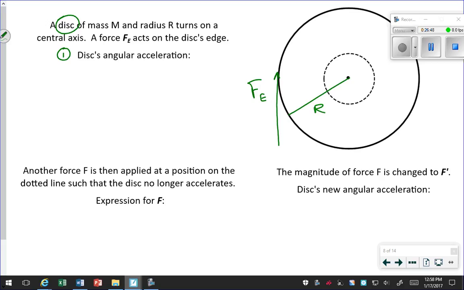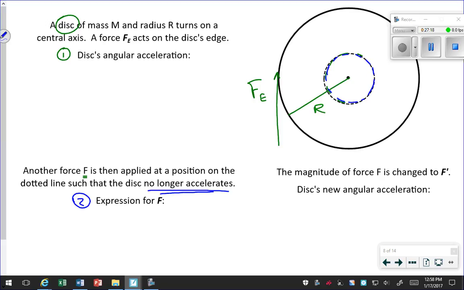Not too bad. 2, another force, just plain old F, not F_E, is applied somewhere on this line, such that the disk no longer accelerates. Generate an expression for how big that force must be.